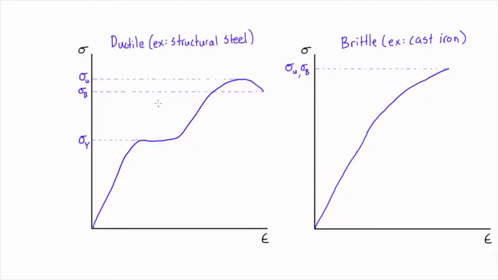So what's really happening is when we're incrementally increasing the tensile force in the member, it's that applied force that's actually causing strain in the member. So when we increase the tension, we increase the strain, and that strain actually causes stresses to develop in the material. So these stresses here are not just the applied force times the cross-sectional area.